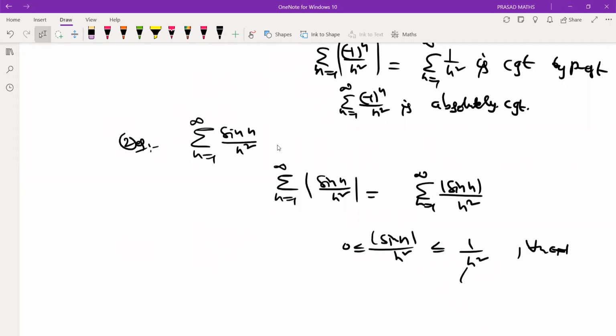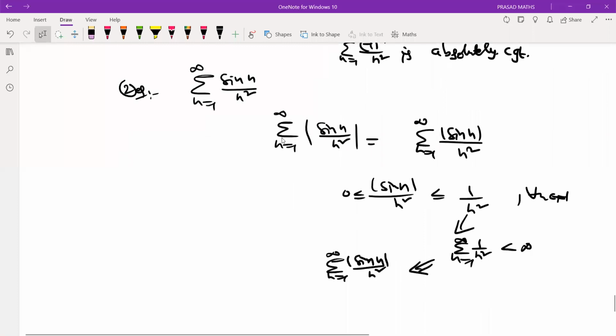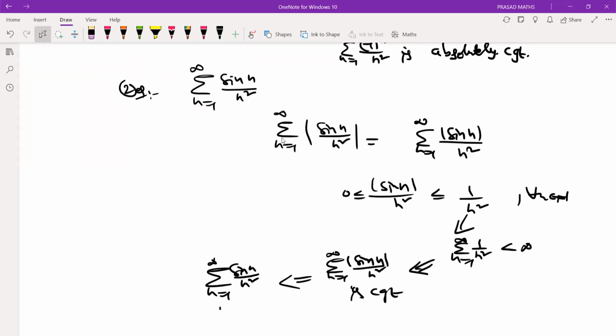By comparison test with the p series, this series is convergent, so your original series is absolutely convergent. In some books, this is called absolutely summable in functional analysis. The terminology is the same, absolutely convergent.